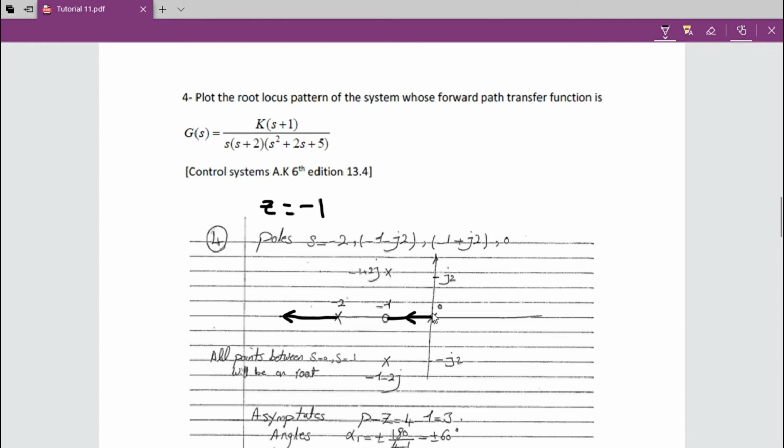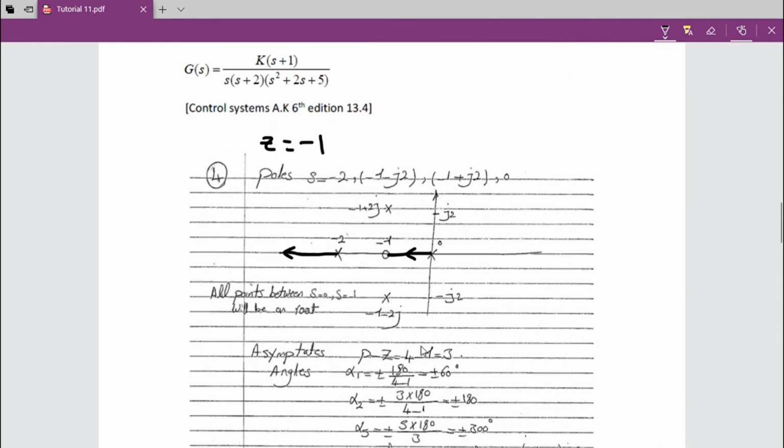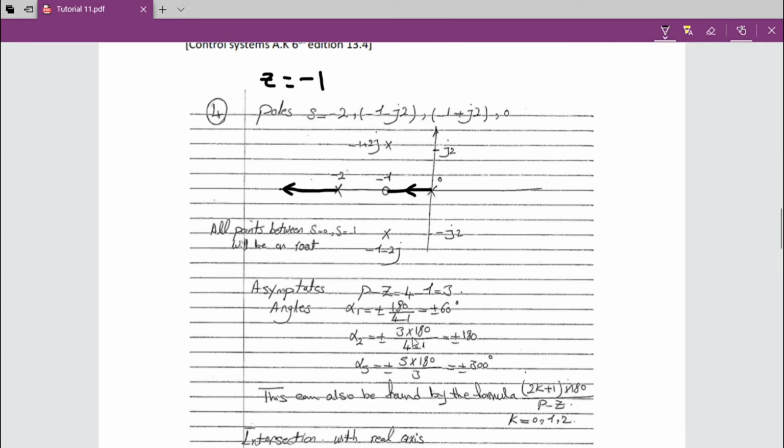So what we do is identify the asymptote. We can start with the asymptote angles. Asymptote angles are given by (2k plus 1) times 180 divided by the number of poles minus the number of zeros.